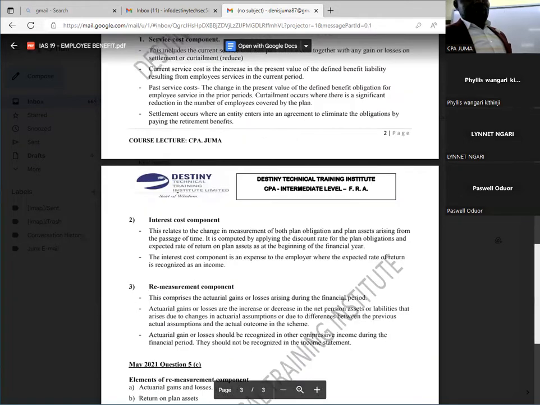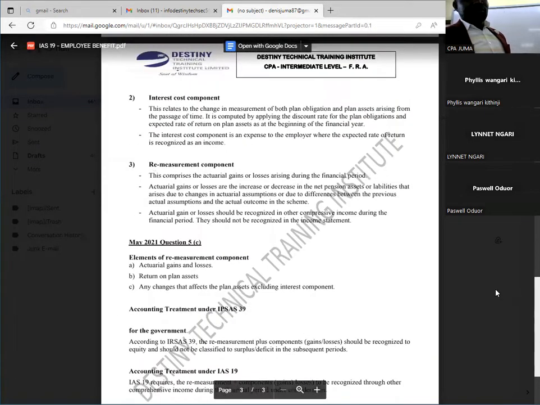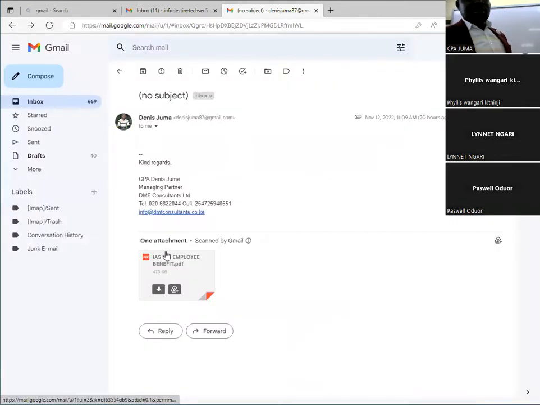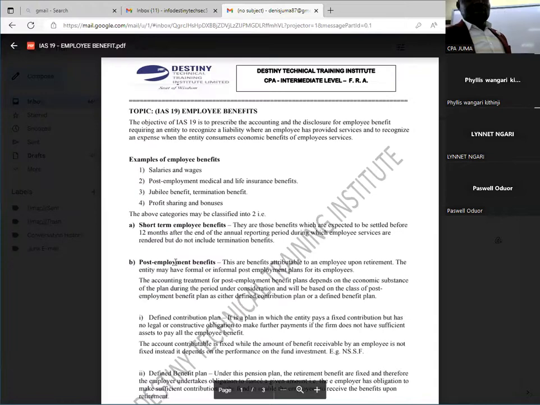So during the year, an entity needs to check in the scheme and bring into consideration those three components. I don't know whether they were the ones being asked.